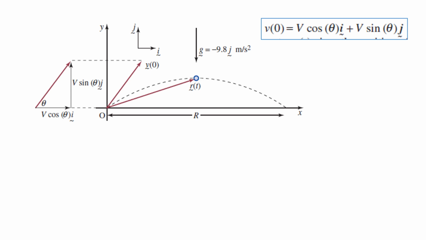Capital V is marking the initial speed of projection, and theta is marking the angle of projection, the angle of elevation of its projection. So here's our initial velocity vector, and we're breaking it down into its 2 components, our v cos theta in the i direction, our v sin theta in the j direction. That gives us the velocity vector for t equals 0.